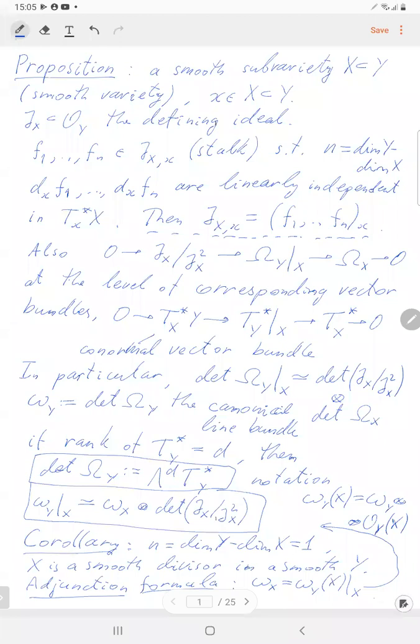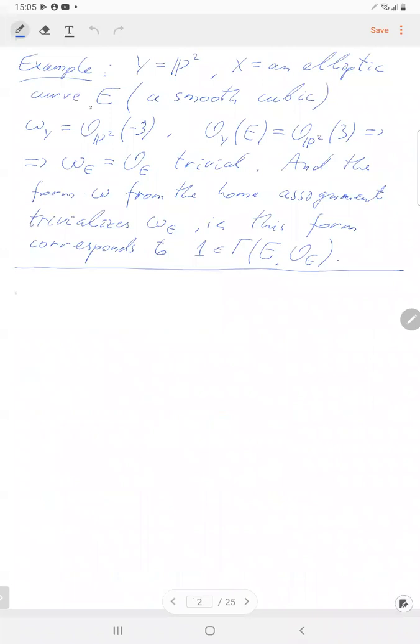Okay, so let's go and prove this equality. Let's consider some intermediate ring A. By definition, this is the quotient of the structure sheaf of y modulo the ideal generated by these functions, f1 and so on, fn.